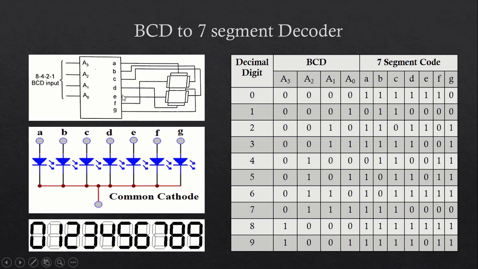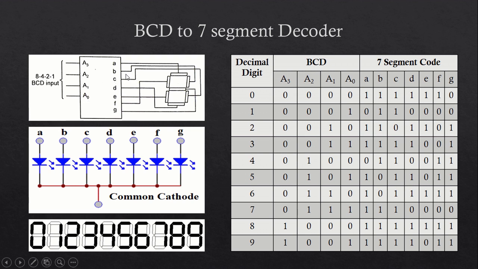To come up with a logic circuit, we should be able to determine each output in terms of the input. A should be in terms of A3, A2, A1, A0. B should be in terms of A3, A2, A1, A0. C should be in terms of A3, A2, A1, A0 and so on.